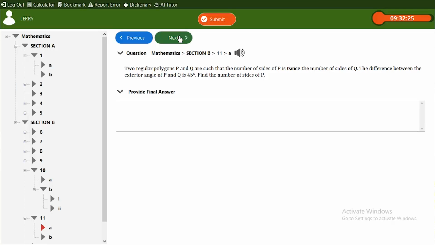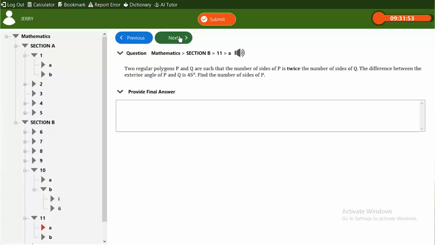This is question number 11A. Two regular polygons, P and Q, are such that the number of sides of P is twice the number of sides of Q. The difference between the exterior angles of P and Q is 45 degrees. Find the number of sides. Good question. It's a bit technical, but you have to reason and apply wisdom in what you are doing.